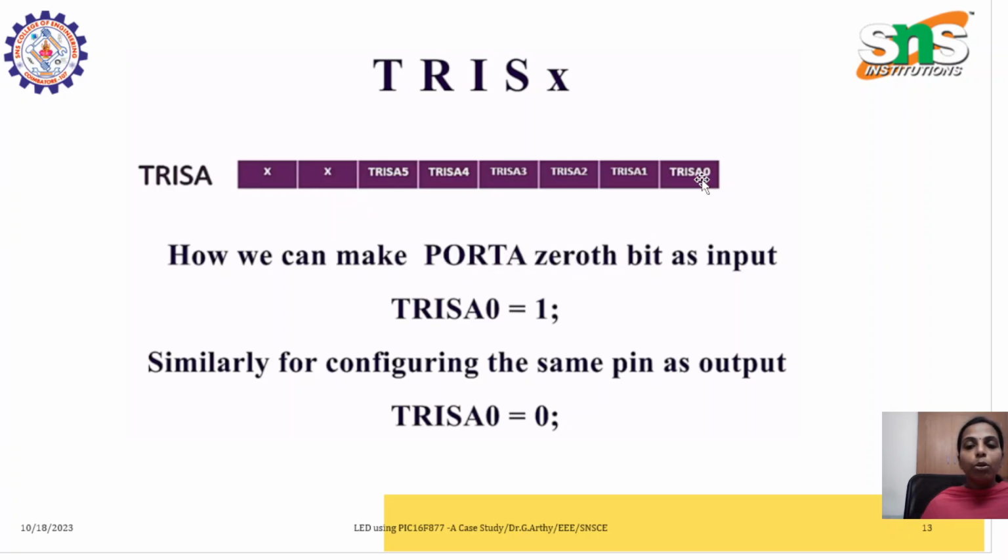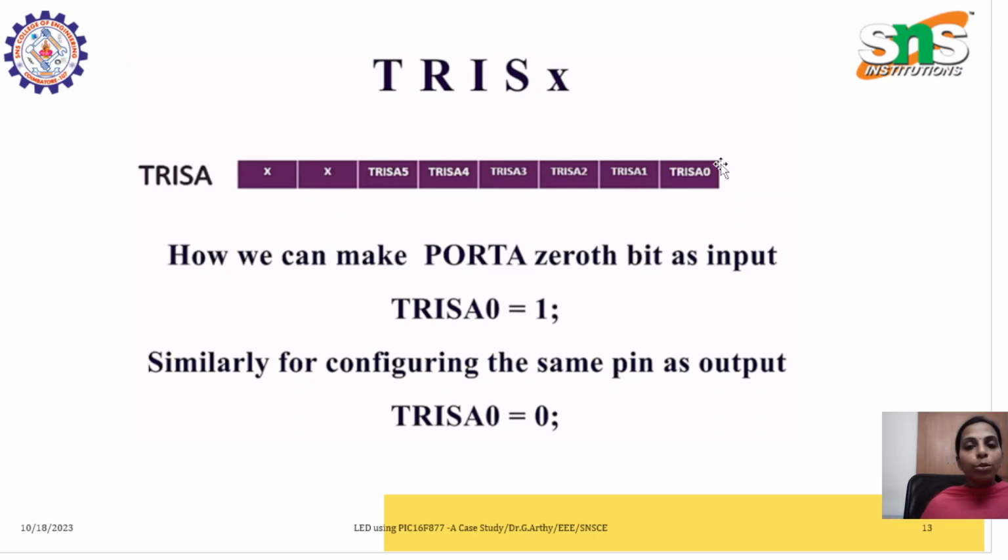Suppose I want to access a particular port, for example, if I want to access the 0th bit as input, then how will I do this? If it is input, and I want to access bit number 0, then this bit has to be made 1, or we have to enable the bit.